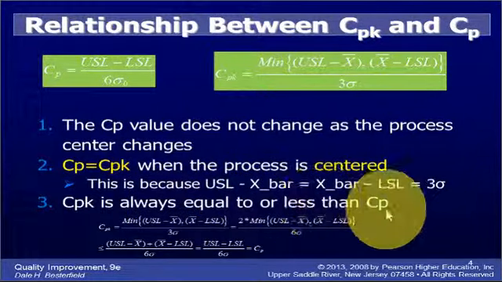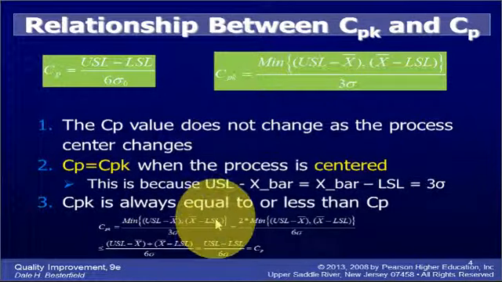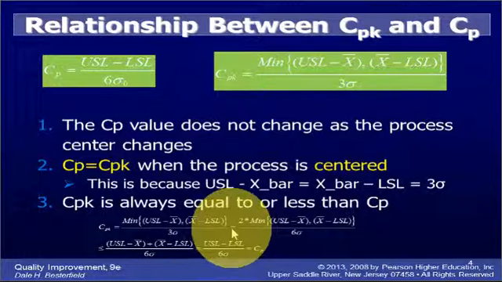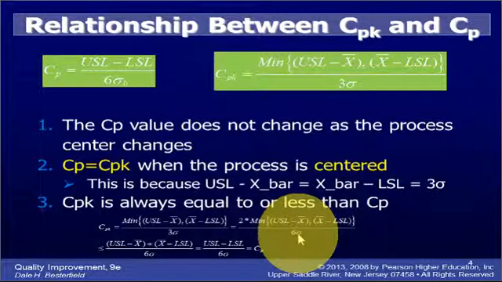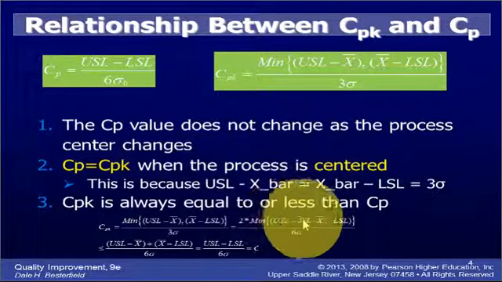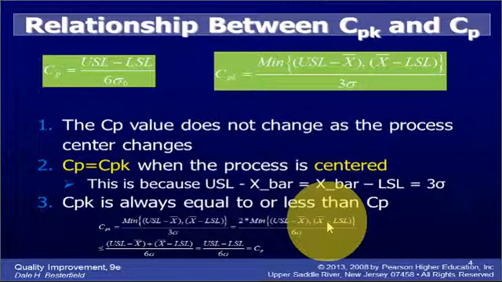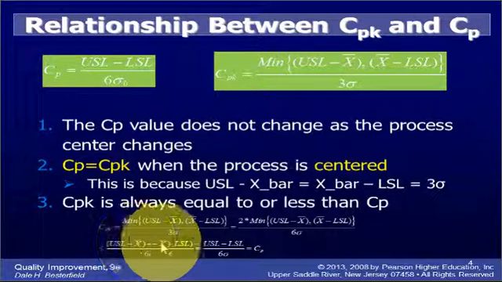I have derived this relationship. If the CPK is defined as this term, and you double your numerator and your denominator, it is still equal. Now your numerator is 2 times the minimum of these two terms, and your denominator is 6 sigma. The 2 times the minimum is the sum of the minimum of these two, and it must be smaller than or equal to the sum of these two terms.